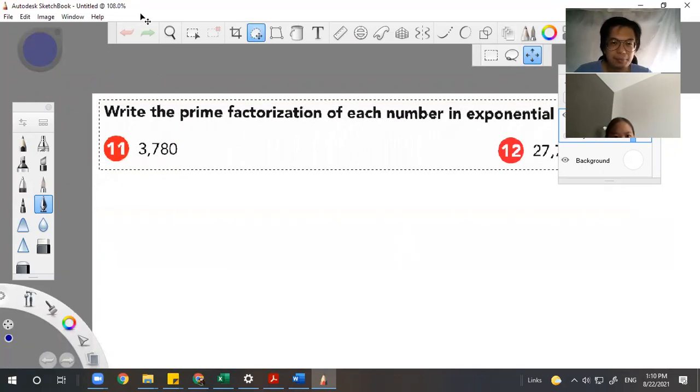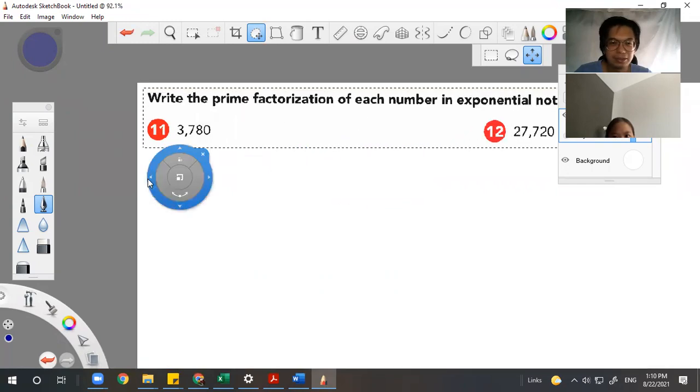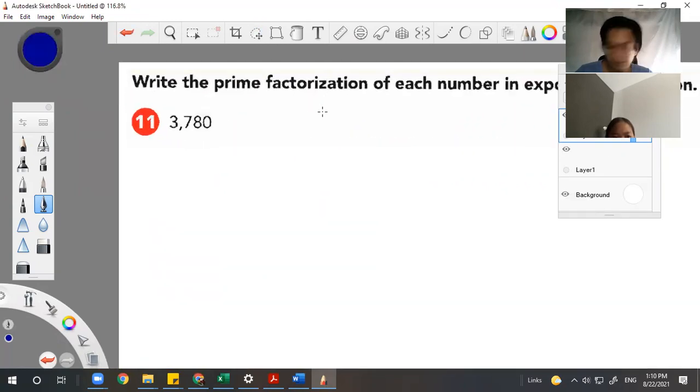Okay, write down a prime factorization for a number in exponential notation. So, are you allowed to use calculator? I think so. Okay, good. So what you can do now is put a factor 3, right? So what is a factor 3? Okay, good. So what you can divide by? 2.